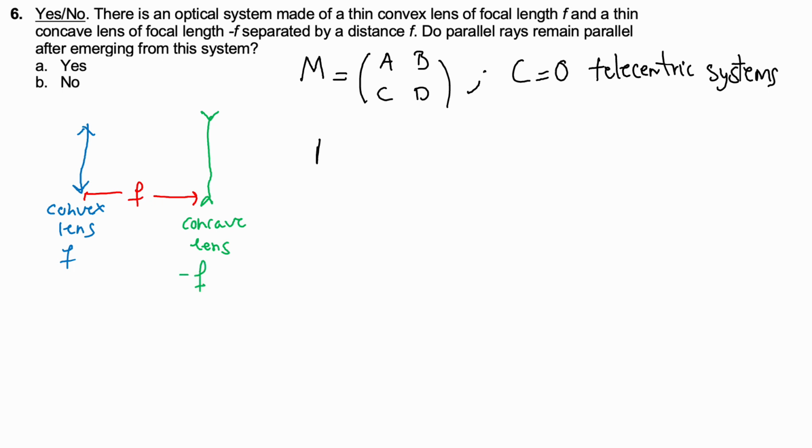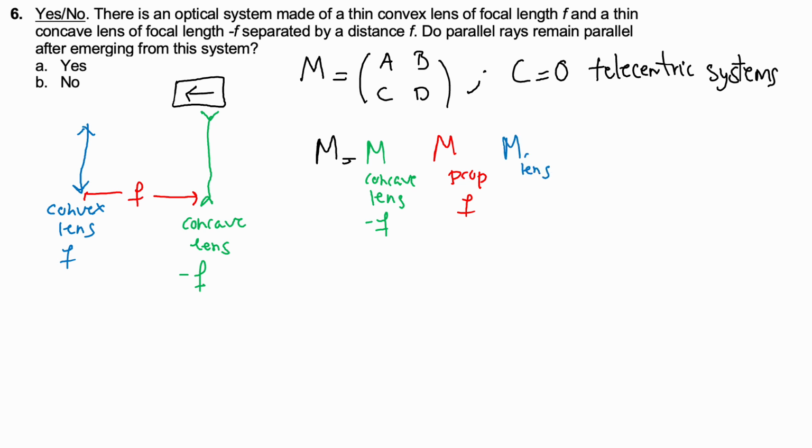So my transfer matrix, and remember that when we are building the transfer matrix, we go from right to left, is gonna be equal to my concave lens with negative focal length, then I have my propagation at distance f, and finally I have my converging convex lens with a focal length f.